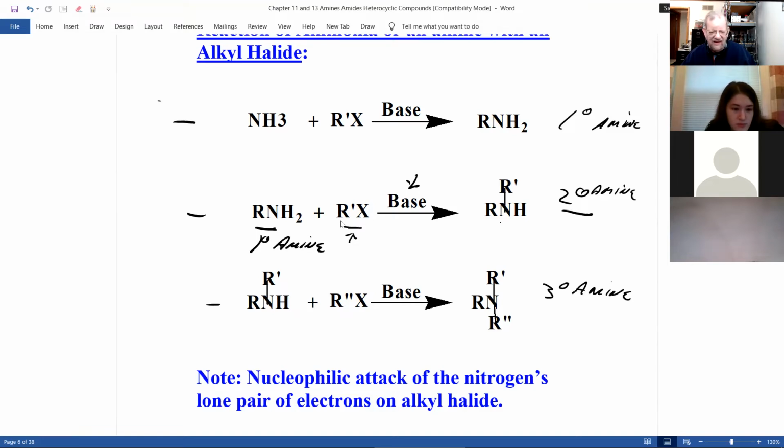plus the alkyl halide. Remember, I don't have it on the slide here, bad Dr. White. X can be chlorine, bromine, or iodine. In base, you make a secondary amine.